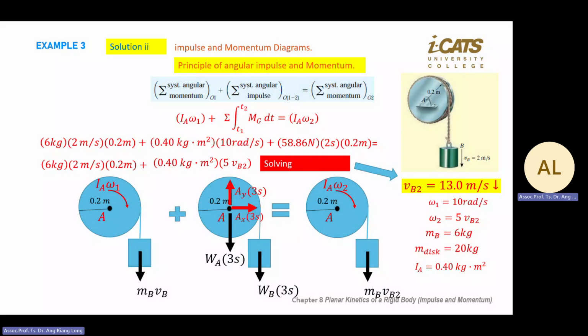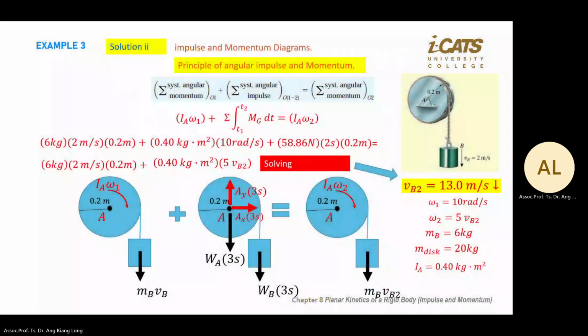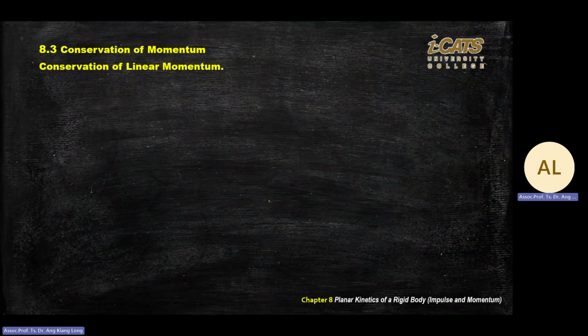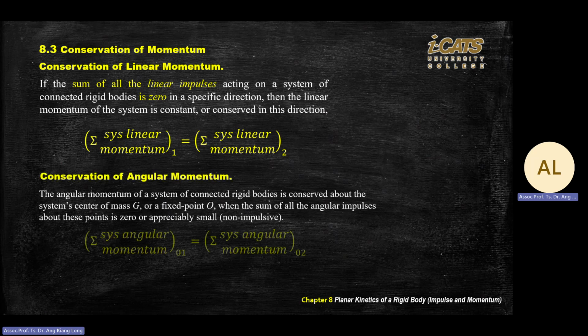Okay, the last part of the chapter is on conservation. In conservation, we do not consider the impulse in the middle, so we only look at momentum. So mv1 will equal mv2, and angular momentum will be the same as the angular momentum at the back. The first one, linear 1 equals linear 2, angular momentum 1 equals angular momentum 2.